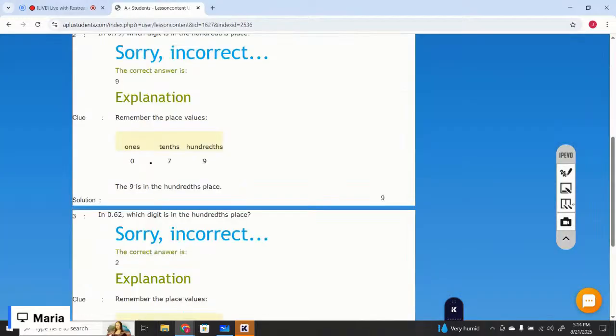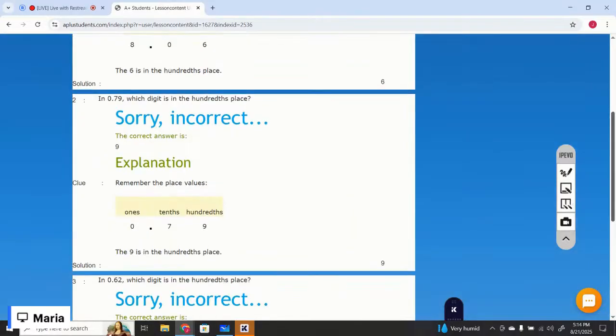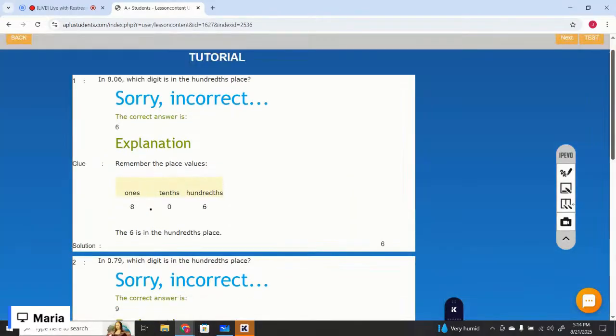The 8 is at the ones position. Right after the decimal point, the first digit is tenth, then hundredth, then thousandth, and then ten-thousandth. Just add th at the end, right? So that is 8.06. So 6 is at the hundredth position, right? The correct option is hundredth.